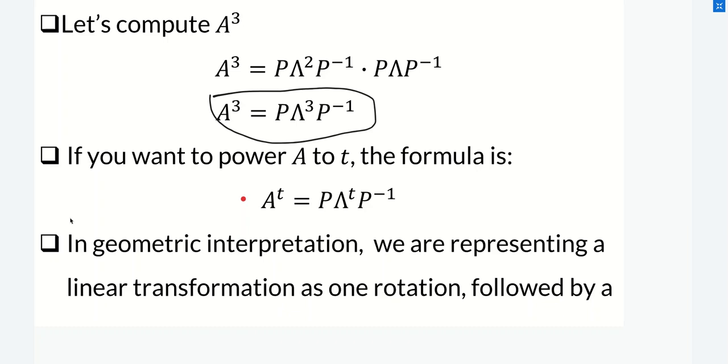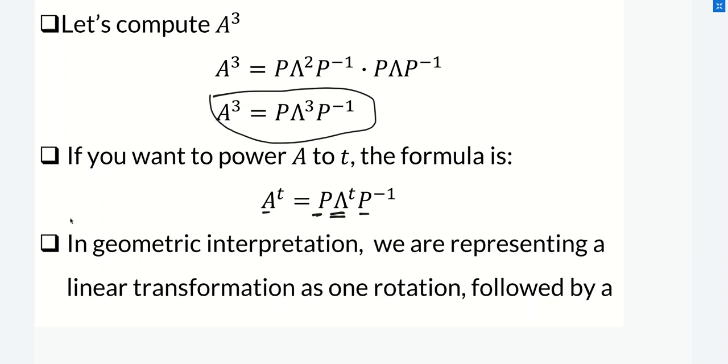So whatever power I want to raise my matrix to, all I have to do is determine the eigenvector of that matrix and create this matrix, then determine the eigenvalue, then my diagonal. The diagonal is also gotten from determining the inverse of this, then determining the eigenvalue. And the eigenvalue is what we use to construct the diagonal matrix.